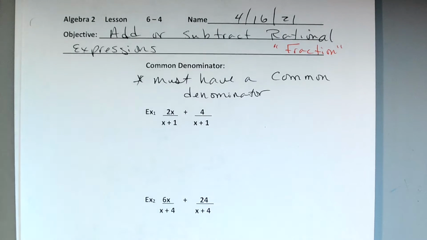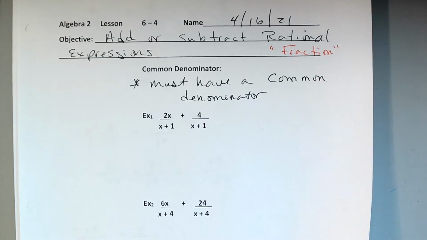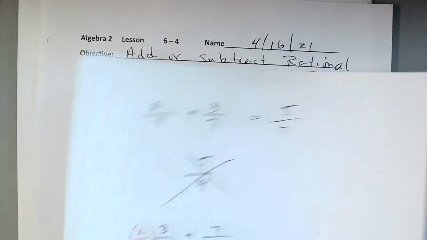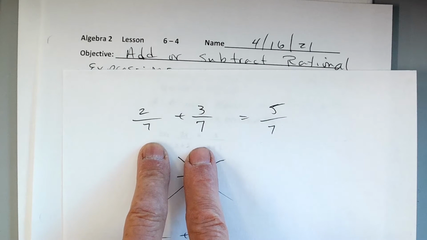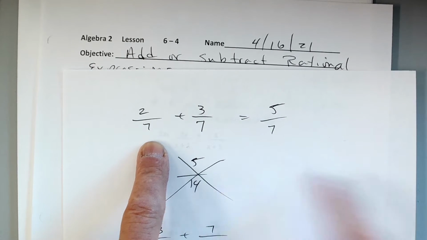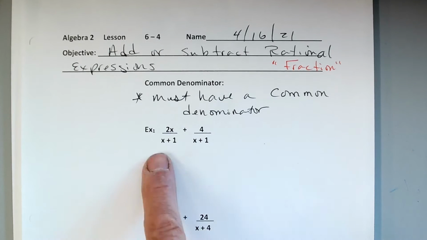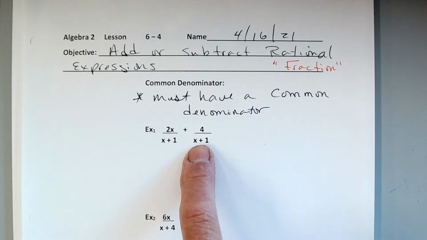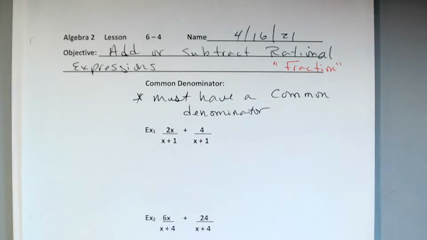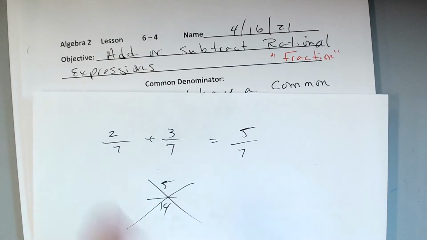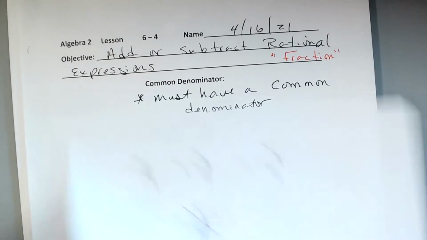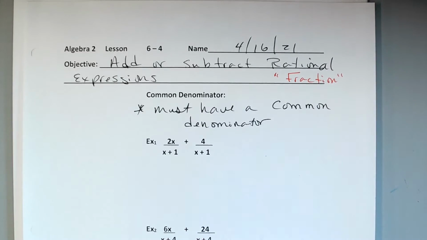If we go back to when I did our fractions, if it already has a common denominator, we just add them, correct? We're not going to write it twice, just like the 7. We wrote 7, so we wrote 7, right? That's our common denominator. So we do the exact same thing here.